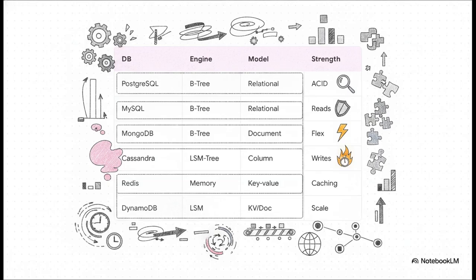Move down to Cassandra, an LSM-Tree engine paired with a wide column model, built entirely for massive write throughput at a global scale. Redis strips away the disk entirely for an in-memory key-value model, absolutely dominating sub-millisecond caching. And finally, DynamoDB leverages LSM-Tree concepts to provide unparalleled availability at massive scale. This isn't marketing fluff, folks. This is physics and computer science dictating real-world use cases.